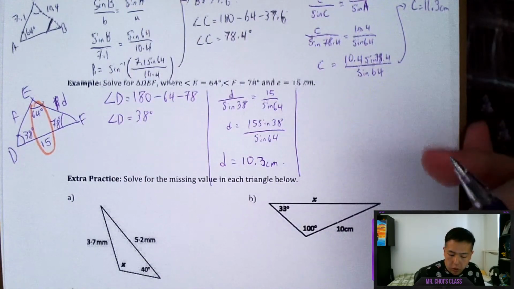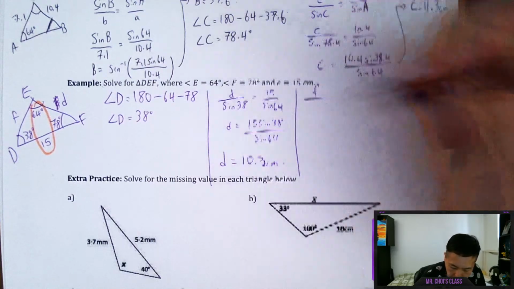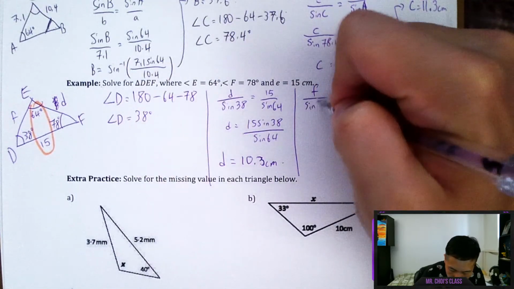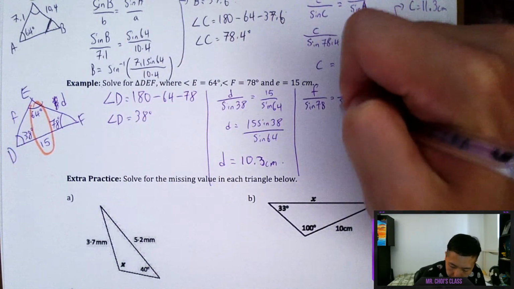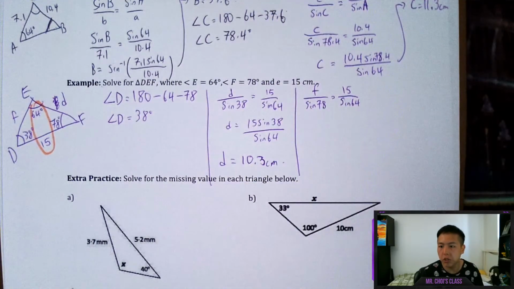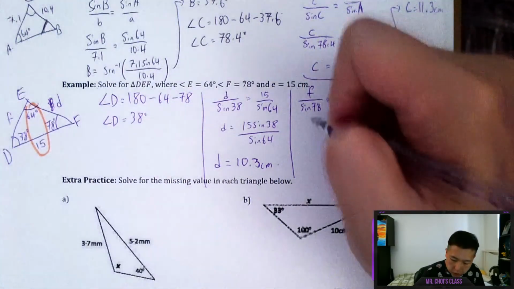For F, when we're solving for F, similar idea. We're going to plug in our values here, and we're still going to use side E and angle E as the pair that we're using to solve it.